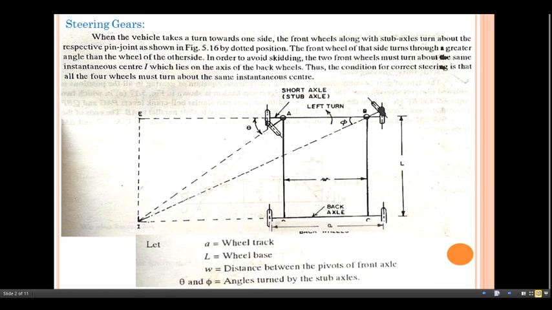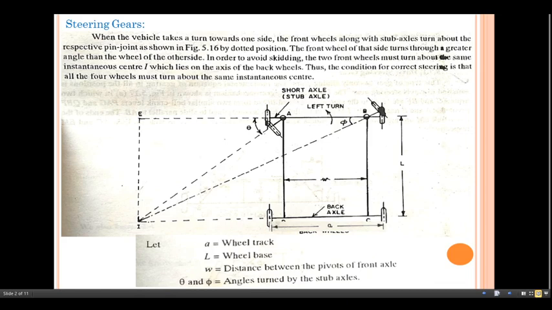Now the front wheel of one side turns through a greater angle than the wheel of the other side. This is the case when the vehicle takes a turn towards the left side or towards the right side.